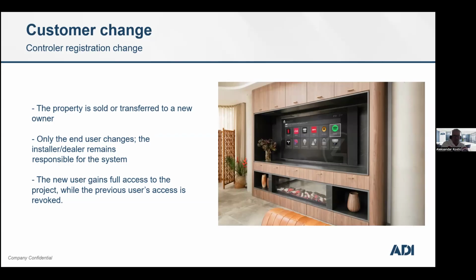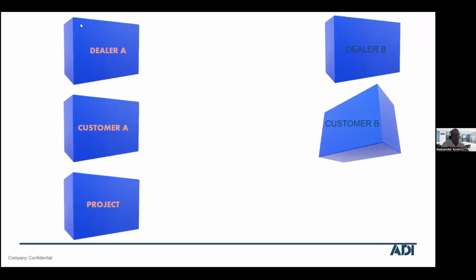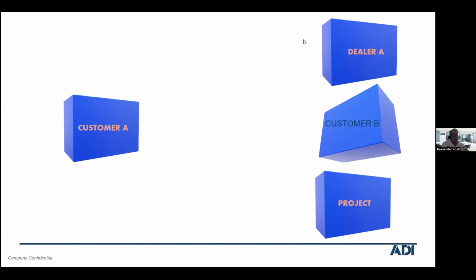So that means the dealer itself still manages the same project, but the customer, who is the owner of the project, is different. So the whole procedure looks like this. We have a dealer who is the owner of the customer account, who is the owner of the project, and we generally move our dealer and project to the new customer.